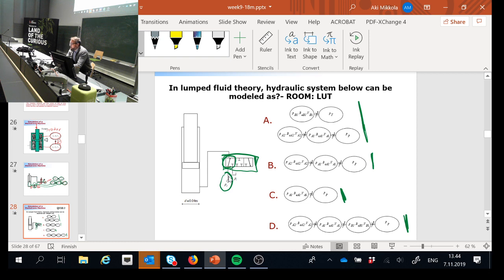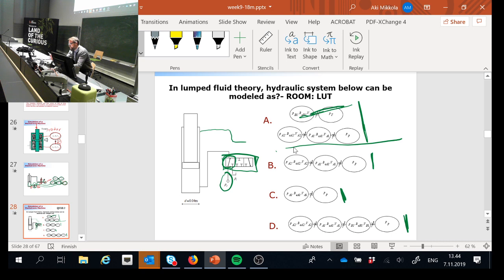So the first thing is that clearly we have no connection from the piston rod side to tank. You got the hint. So that option is off the question. It's not for us because we have a one-way cylinder, not a two-way cylinder. Then what is left, you got my hint.